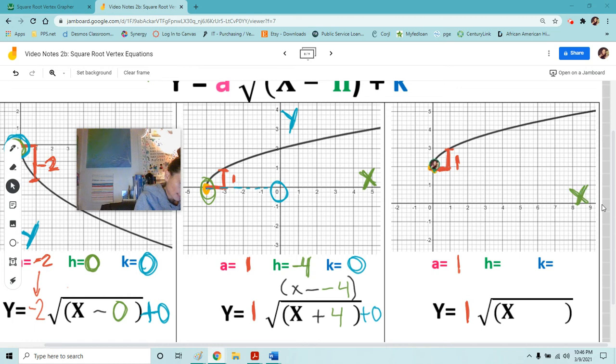So I go to the x-axis from that vertex, and that matches up with 0. And then I look at my y-axis to find what the k is going to be. In this case, it's at +2.